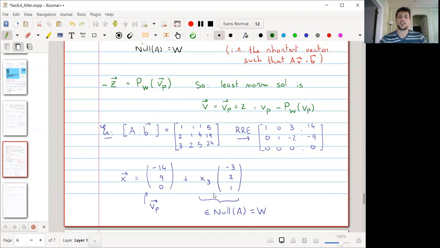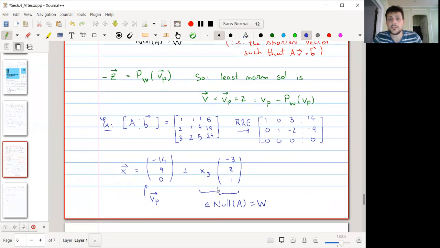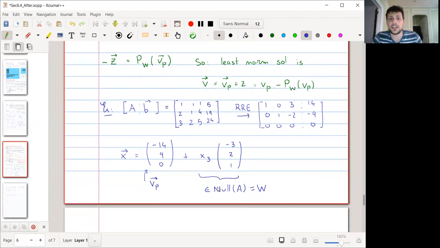You see here exactly the decomposition I meant before. You have a particular solution, this vector up here, Vp, and all of these other vectors, x3 times -3, 2, 1, are just elements of the null space of the matrix A.